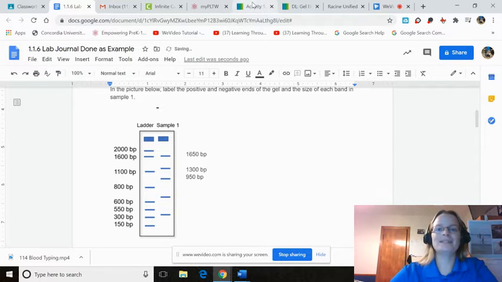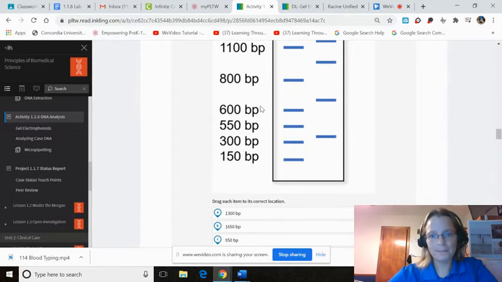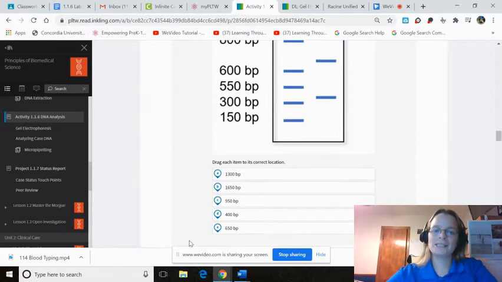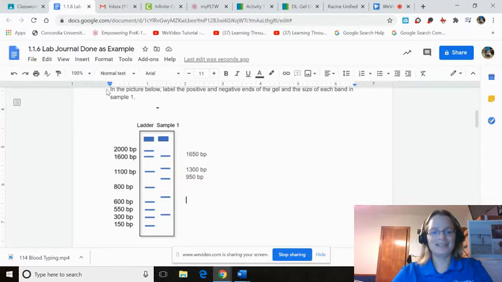Fourth stripe, let's take a look. See, this fourth stripe is higher than 600 and lower than 800. So look at our choices and find the number higher than 600, lower than 800. 650. Good job.